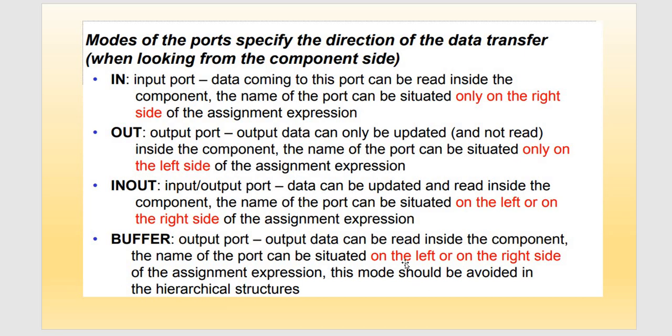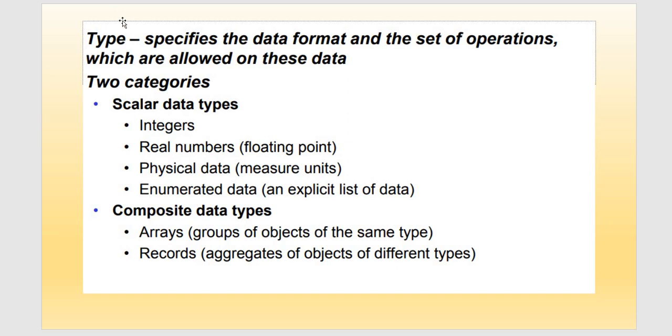The name of the port can be situated on the left or on the right side of the assignment expression. This mode should be avoided in hierarchical structure. Traditionally it is not preferred because it unnecessarily infers an additional latch on the wafer. So out of these, in, out and inout are the recommended modes for ports for direction specification. Then there are types.